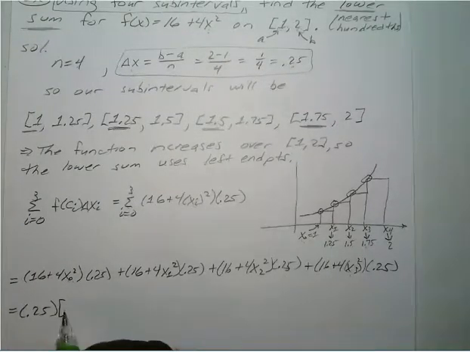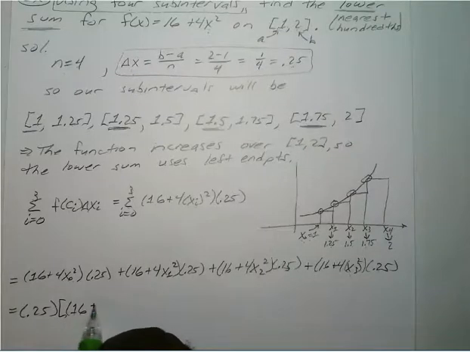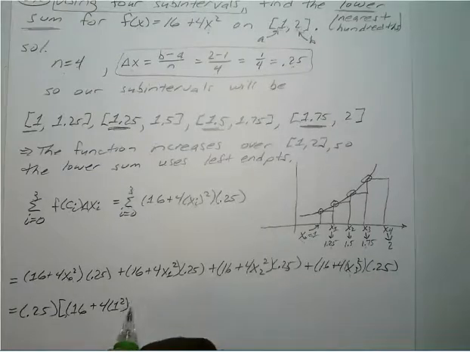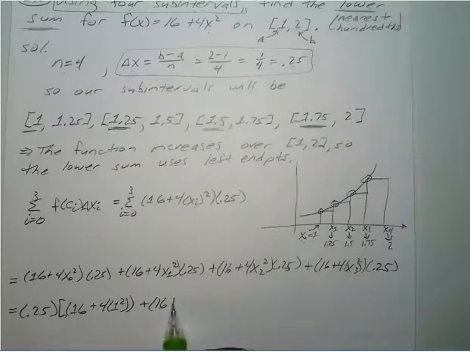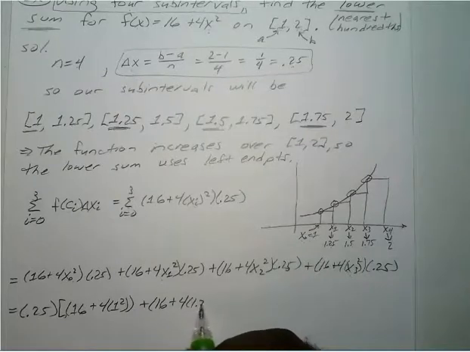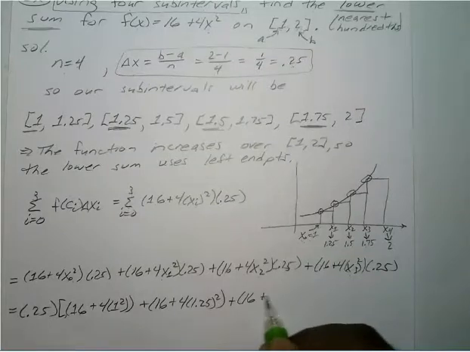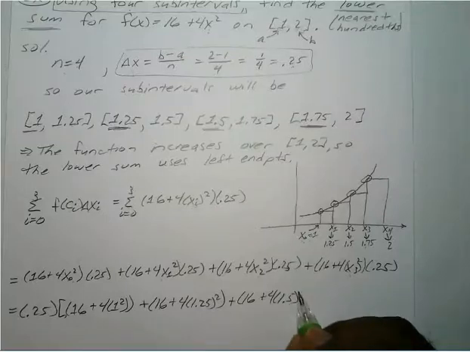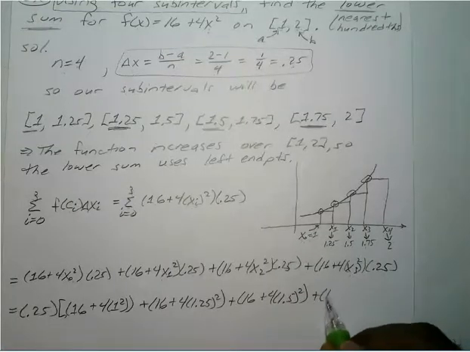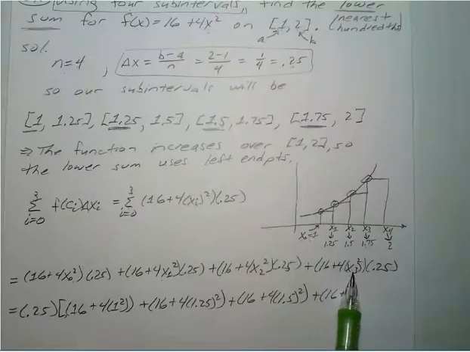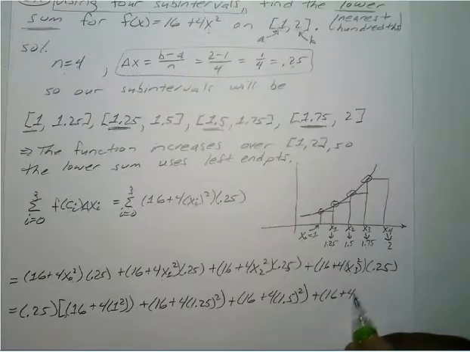Okay, so you have 16 plus 4 times 1 squared, plus 16 plus 4 times our x sub 1, which is 1.25 squared, plus 16 plus 4 times x sub 2, so that's 1.5 squared, plus 16 plus 4 times x sub 3 squared, which is 1.75 squared.